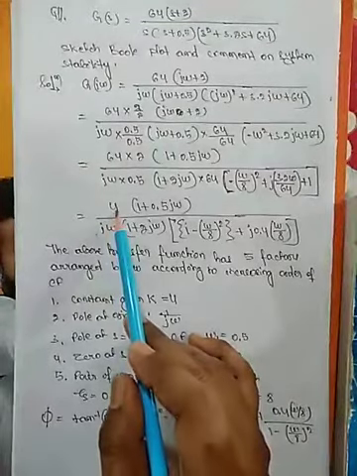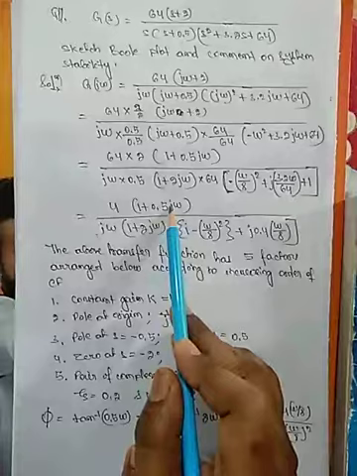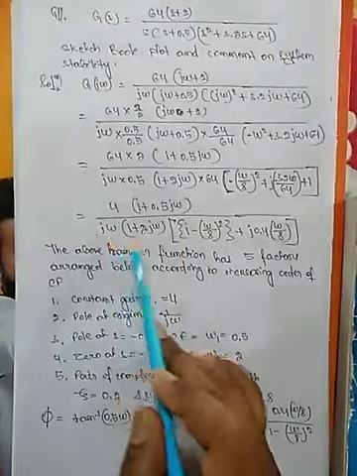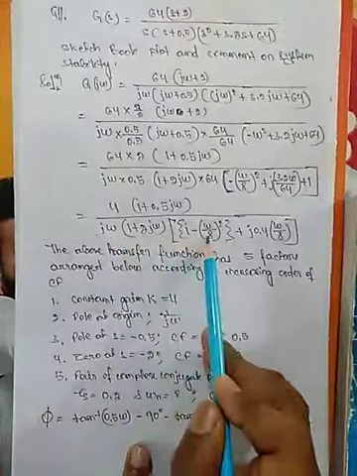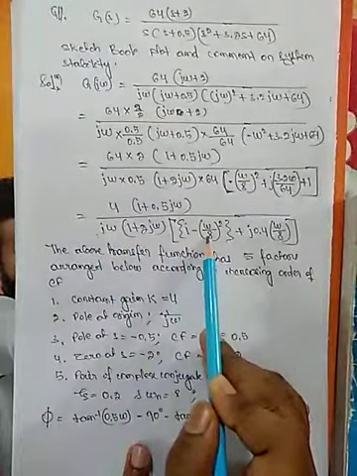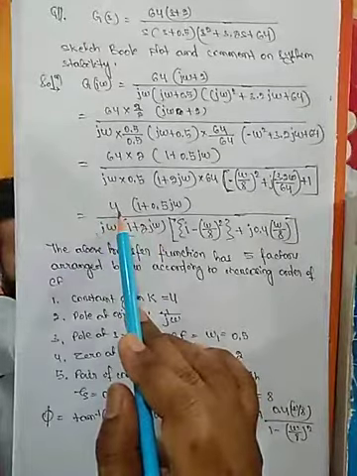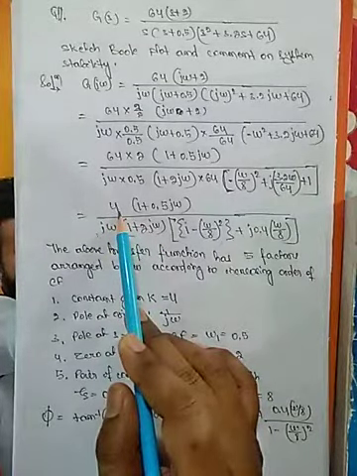See, this one is one factor, this one is one factor, this one is one factor, this one and this one. For the constant factor 4, there is no corner frequency.